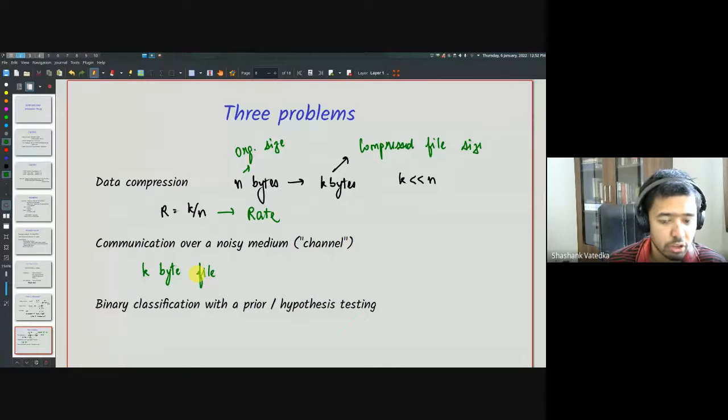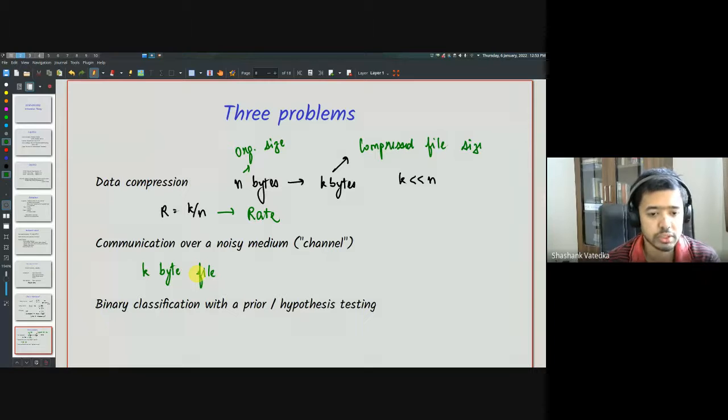You're getting an exact copy of what you had uploaded in the first place, right? And it's essentially error-free, despite the fact that you're communicating over a noisy medium. Right? So the question is, how do you communicate reliably across a noisy medium?